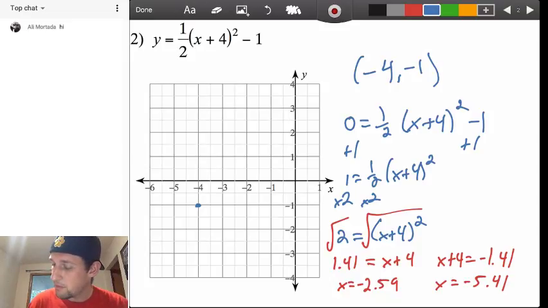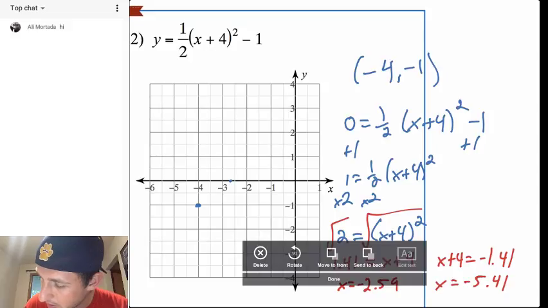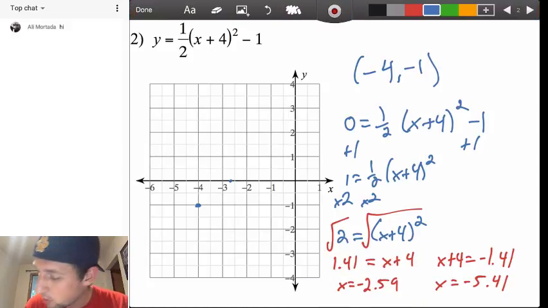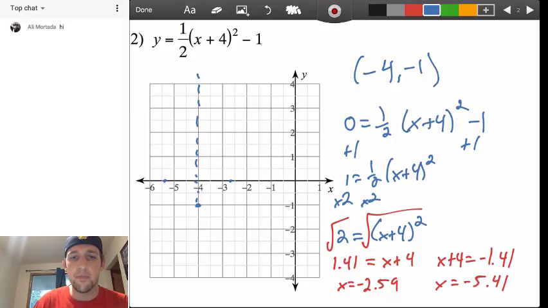So this is about -2.59, somewhere right about there. And -5.41 somewhere right about there. If we look at our axis of symmetry, we can see that if you just count boxes, both of them are 2 and then a partial box away. So yeah, I guess that does make some good sense.